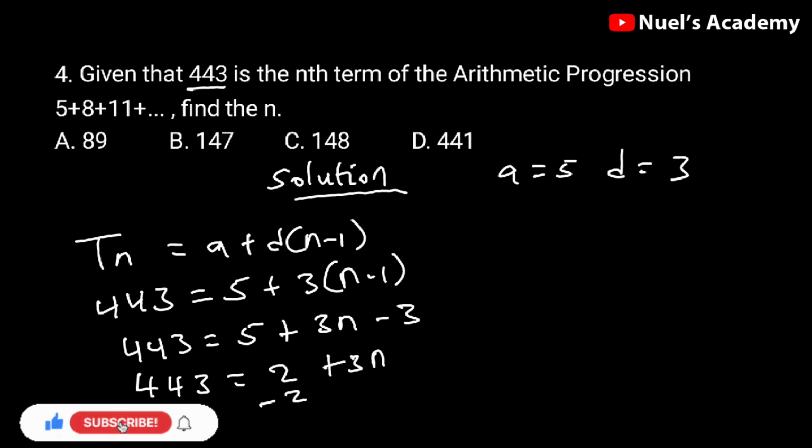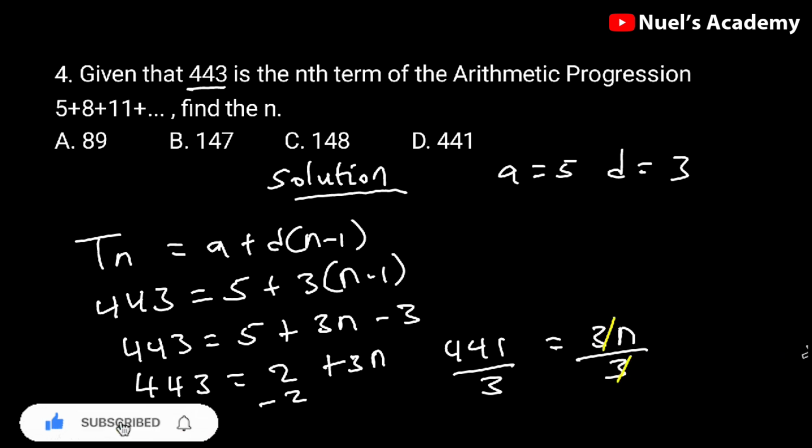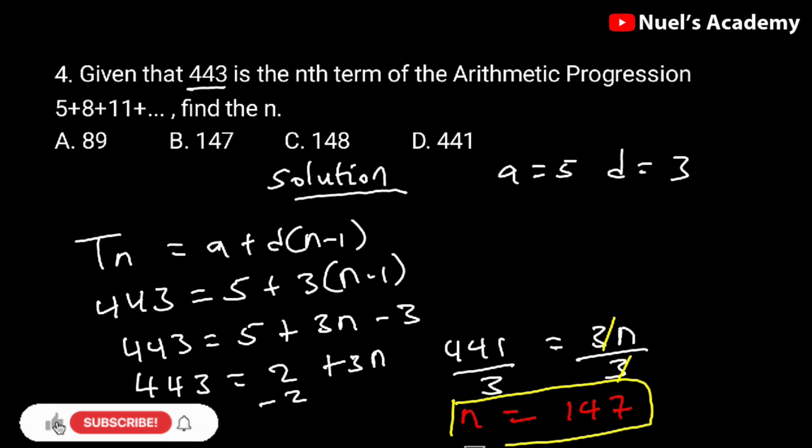Then let's subtract 2 from both sides. 443 minus 2 is equal to 441. Then this is equal to 3n. Let's divide both sides by 3. This and this will cancel. We have that n is equal to 441 divided by 3, which is equal to 147. And so this is the answer to this question.